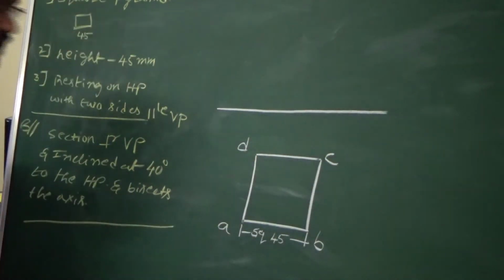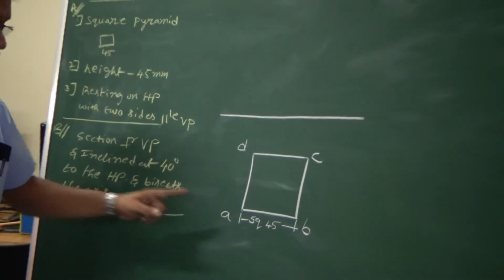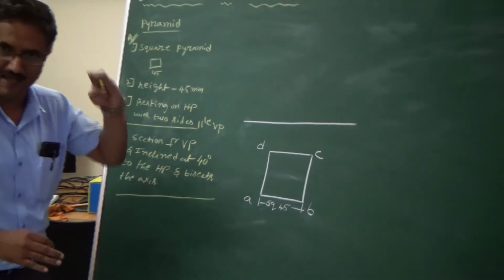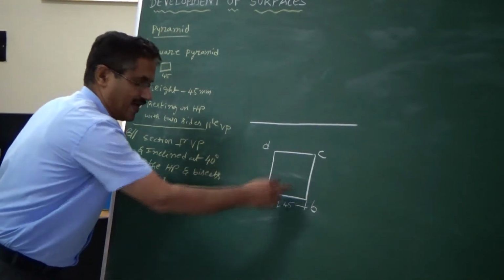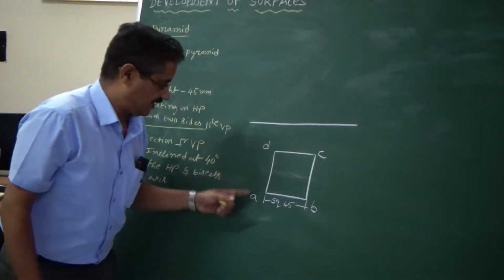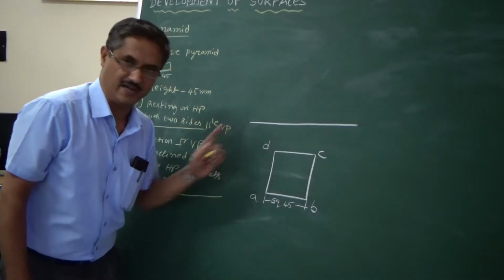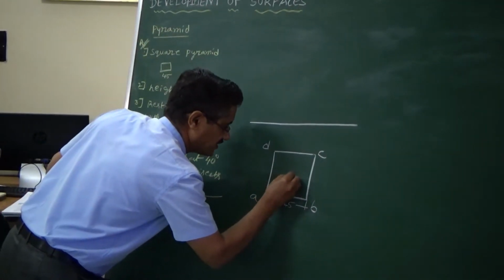I am giving you only one set of letters here because this pyramid will have an apex on the other side. In the top view it will have an apex, and the bottom is a true shape, that is a square. So that is why we get only one set of letters here. I give A, B, C and D to the corners, and I will find the center of this.